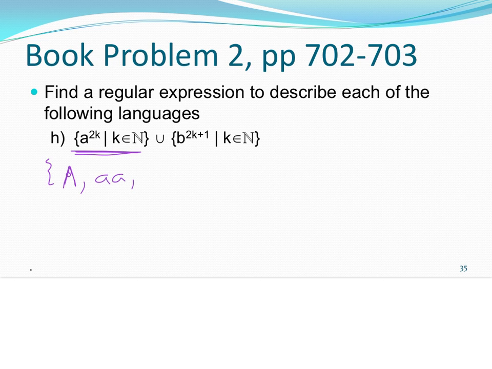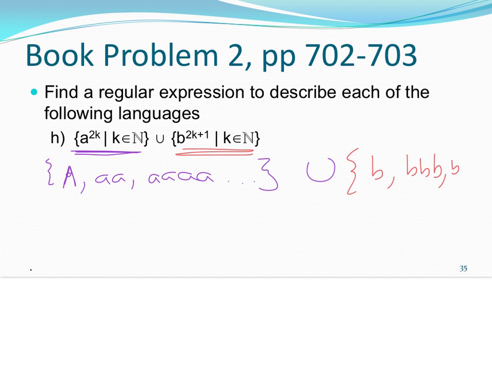And if k is 2, that would be 4 A's. And we're unioning that with this piece, which is B to the 2k plus 1. So we're unioning it with odd numbers of B's. So 1 B, 3 B's, no lambda here, right? 5, and some dot, dot, dots, and a closed curly brace.